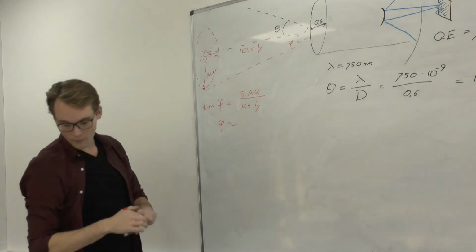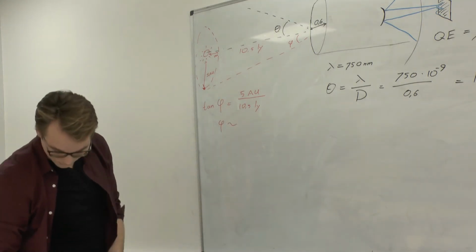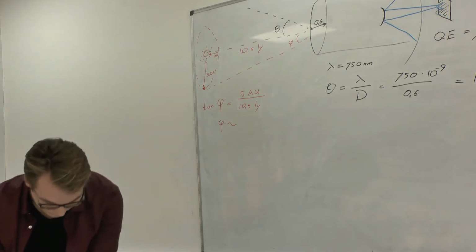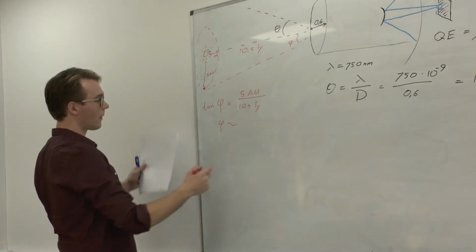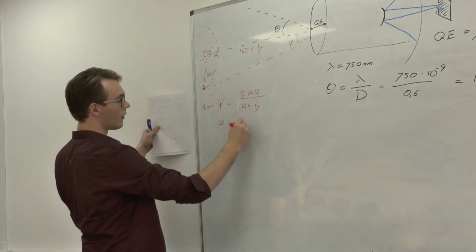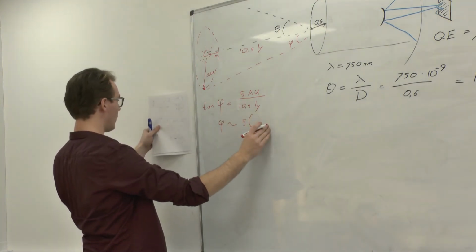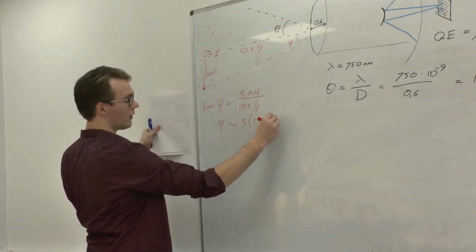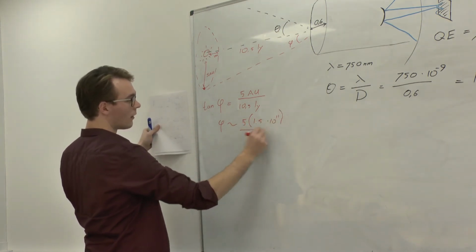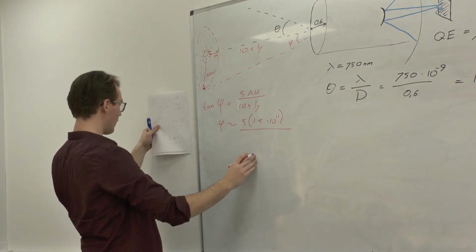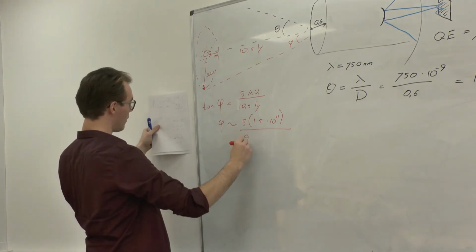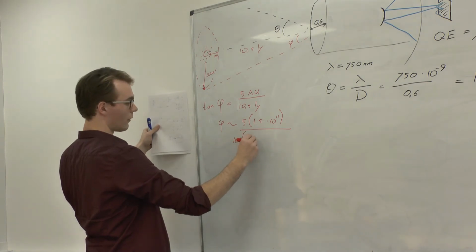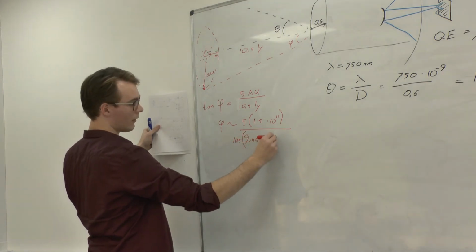So the only thing that you now need to do to calculate this is insert these numbers in here, 5 astronomical units in meters. It's going to be 5 times 1.5 times 10 to the 11th meters. And 10.5 light years is going to be 10.5 times 9.45 times 10 to the 15th meters.